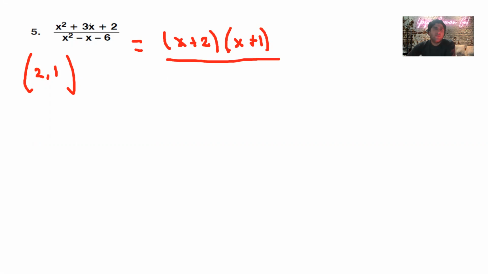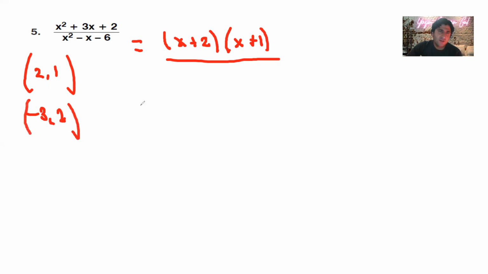The bottom, what do I have here? I have x squared minus x minus 6. So here I'm going to look for two possible factors of negative 6. When I add them together, they must give me negative 1. So there are obviously going to be negative 3 and 2.